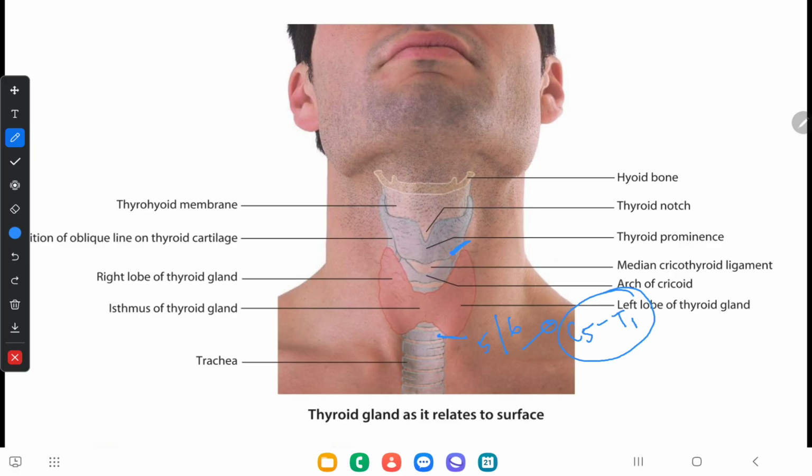The isthmus lies against the 2nd to 4th, or we sometimes call 2nd to 3rd cartilaginous rings. A small pyramidal lobe usually extends from the upper margin of the isthmus on the left side.